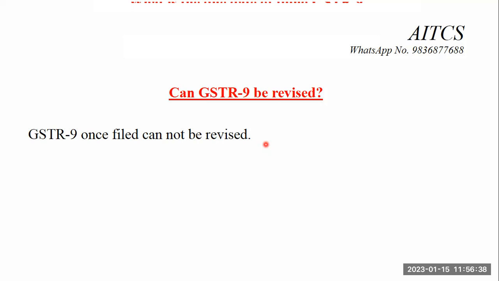But that facility is also not available in case of GSTR 9. GSTR 9 once filed can neither be revised nor amended. So be careful while filing GSTR 9.